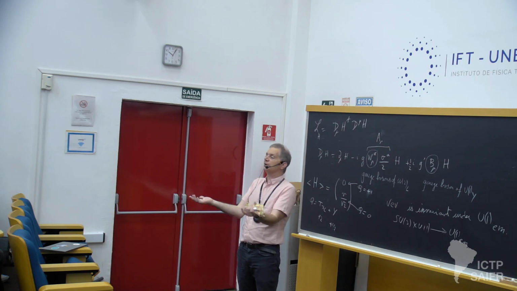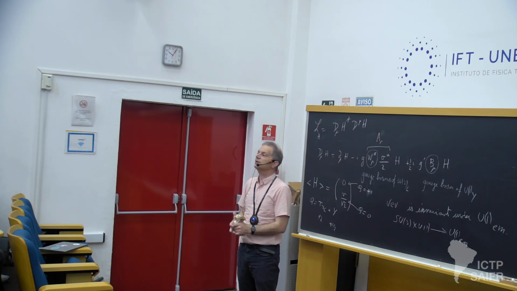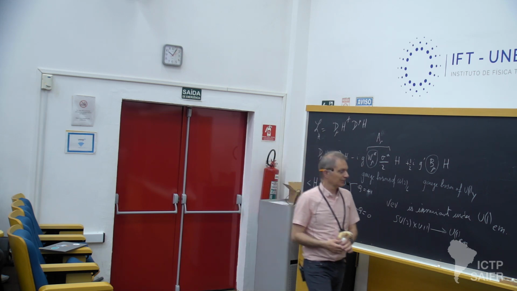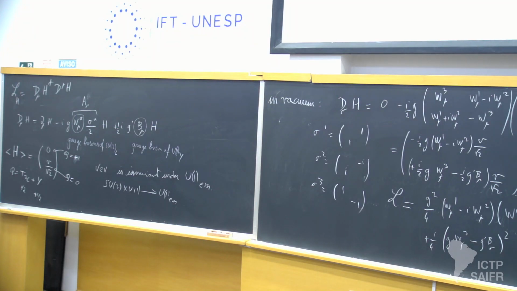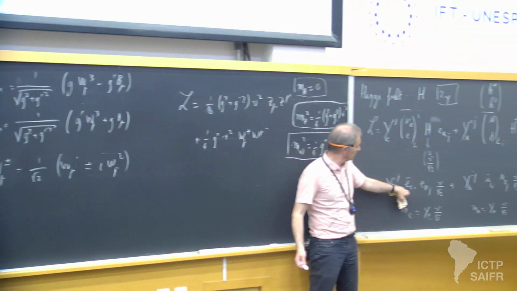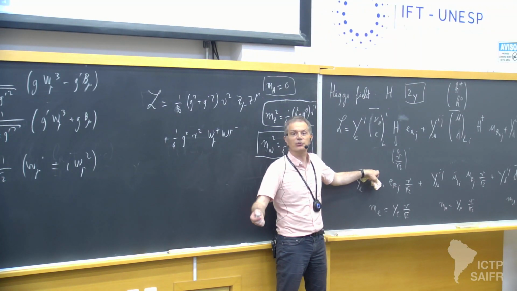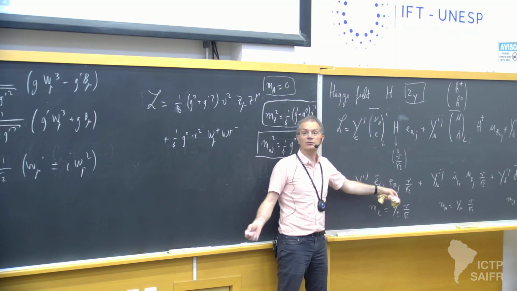Again, in QED, you can write the mass, and the mass is automatically invariant under U1 of electromagnetism. Look here: you have e left that has electric charge -1, e right which has electric charge -1, so its bar is +1, so it's +1 -1, which is 0.